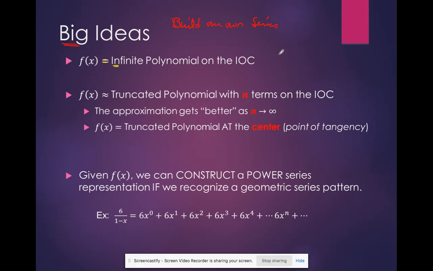The interval of convergence is a to b, where the center of the series is in between a and b. The interval of convergence is a big deal. It is difficult or long to find unless you have a geometric series. Then it's very easy. I'll talk more about that.